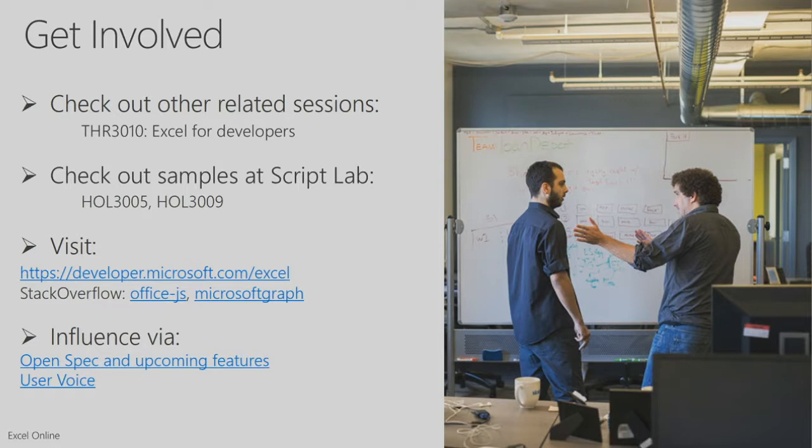Also, there were a couple of related sessions during this Ignite, so if you're interested in extensibility and programmability, you can always go in and look for those. Notably, Excel for Developers is a very good session on the subject, and there were also a few labs that you can look for.